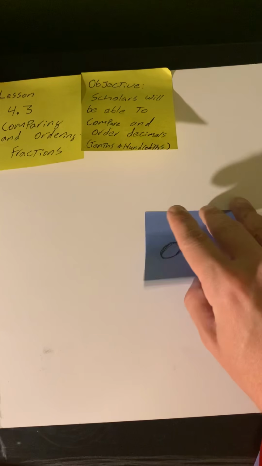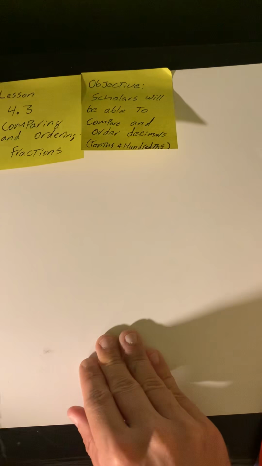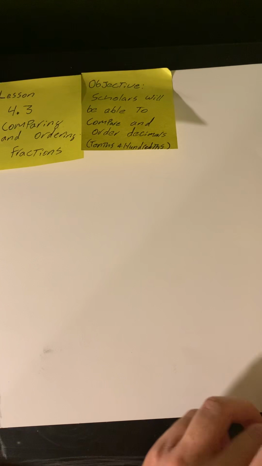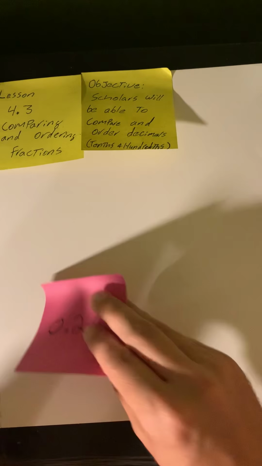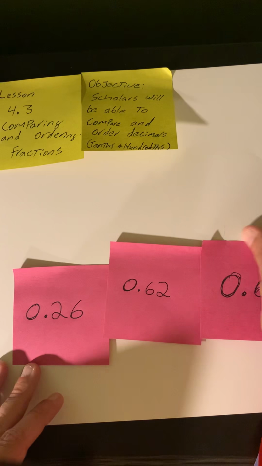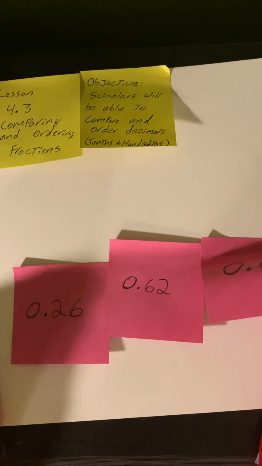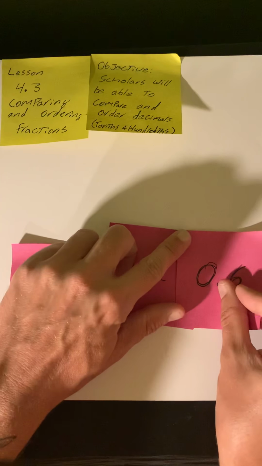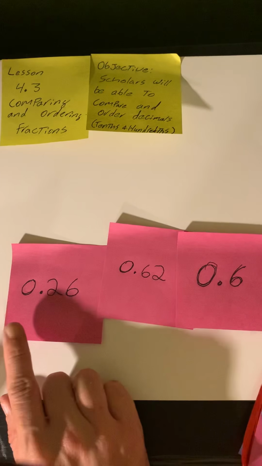as we work together. For our next number, we need to organize 3 decimal places. So my 3 decimals that I have here, let's see if I can move them just a little bit closer so we can see them all on frame.